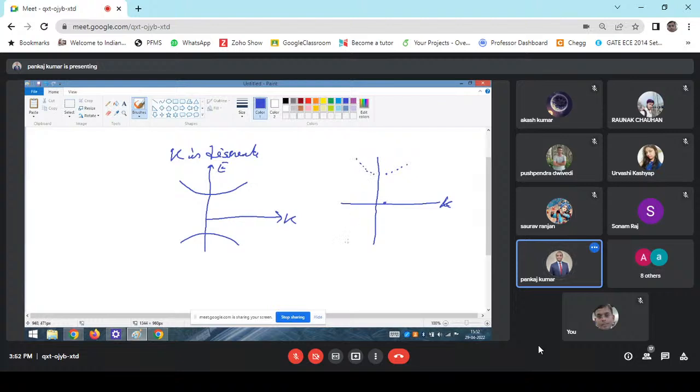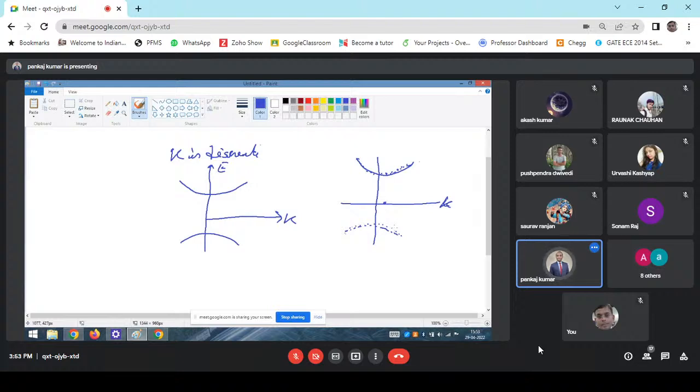So actually this should not be a continuous line, but we represent it with a continuous line because the number of values of k is very high. This discrete number of values is so large that it acts like a continuous line. If the number of values increases, it changes to a continuous line.